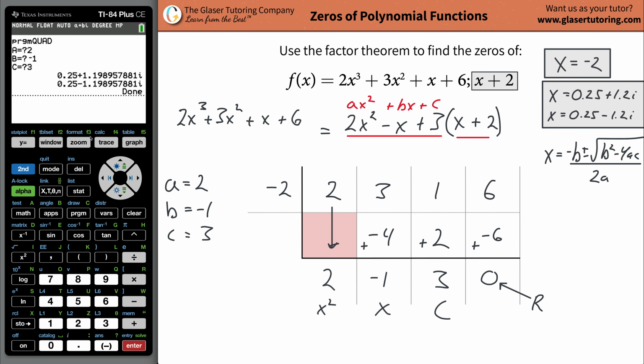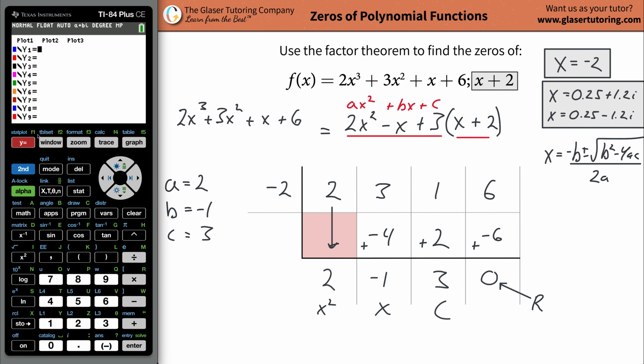Now, you can also graph this if you want to gain a little intuition. The only problem with graphing this is that you're only going to see it cross the x-axis one time. You're not going to see the imaginary zeros on a real coordinate system.